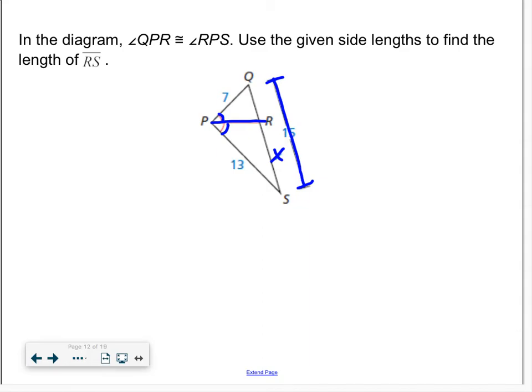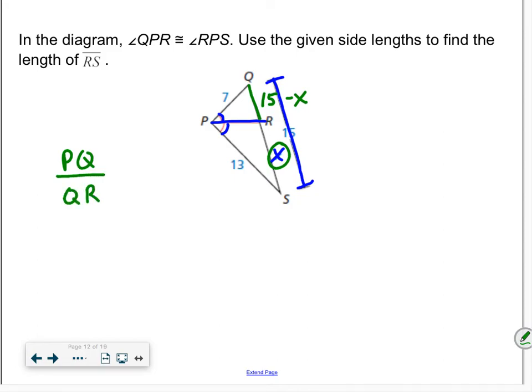What they didn't tell us is what QR is. But we can label QR as 15 take away x, which hopefully makes sense. If the whole thing is 15, take out the x I'm looking for, what's left over. So using this theorem now, I can compare side PQ to QR.